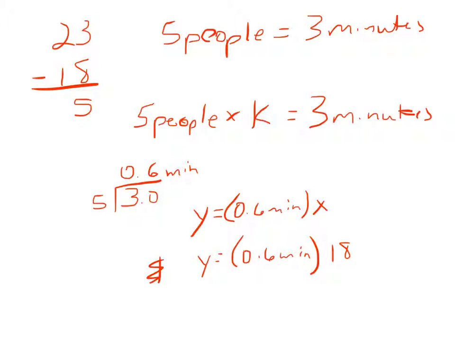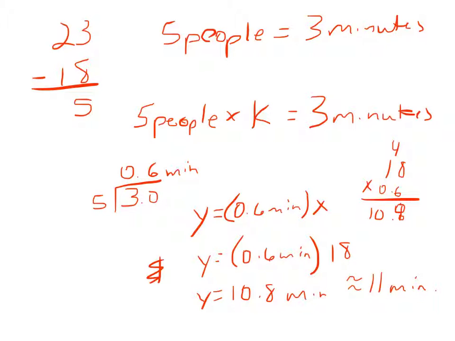And that will equal 0.6, 6 times 8, that's 48. 6 times 1 is 6, plus 4 more will be 10, put 1 decimal, so y will equal 10.8 minutes, and because it was rounded, I'm going to say it's approximately 11 minutes until Delia will be served. That would be our answer, in approximately 11 minutes.